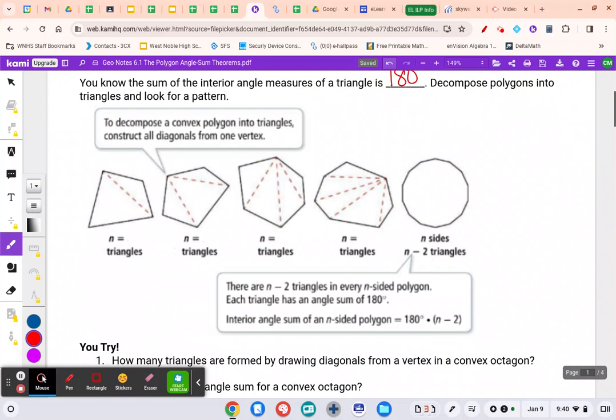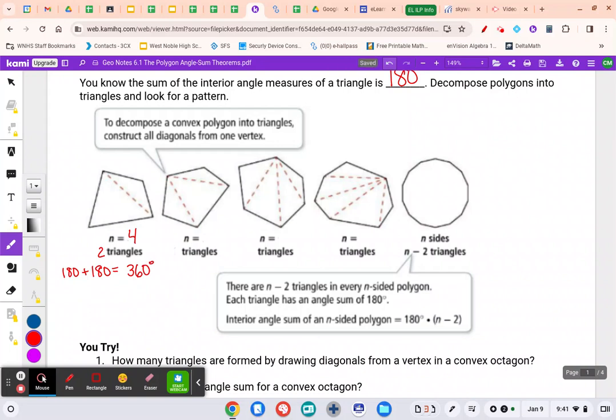So if we have a four-sided shape, that's what this n means, how many sides. You can draw a diagonal, and this creates two triangles, which means if you take 180 plus 180, a four-sided shape has 360 degrees.